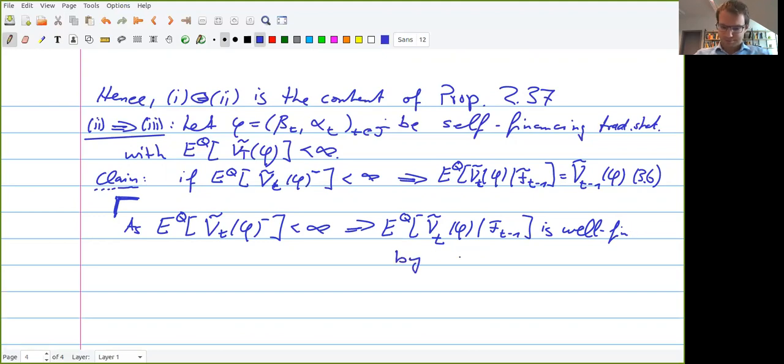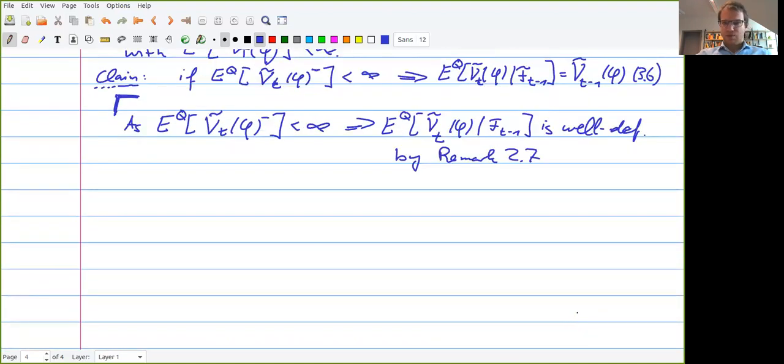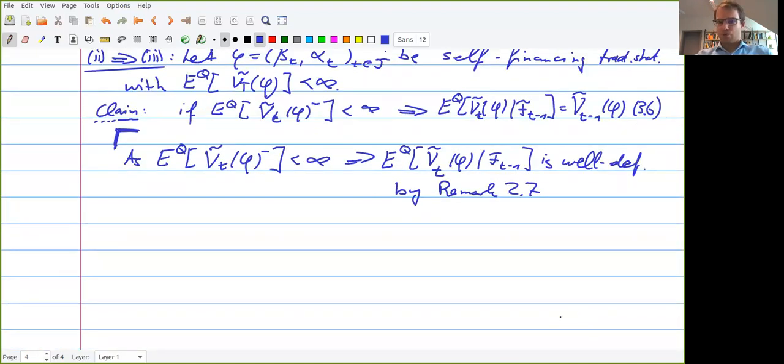By remark 2, if we can bound the negative part of a random variable by an integrable object, then we have a well-defined conditional expectation. So at least the statement I was writing here a priori is well defined.